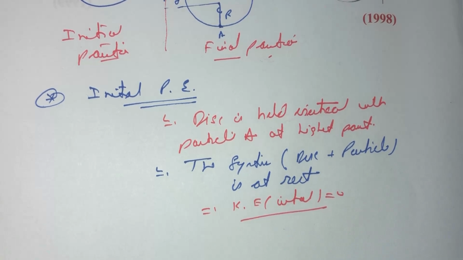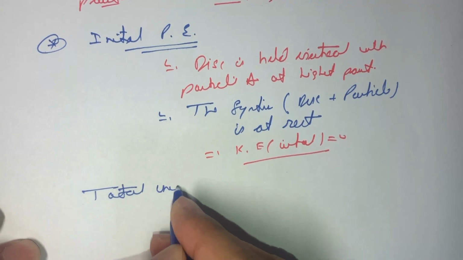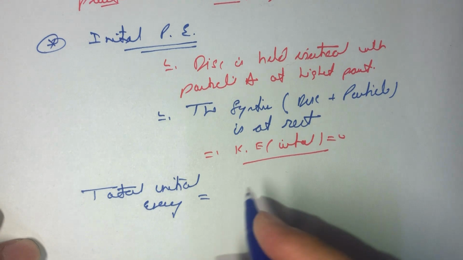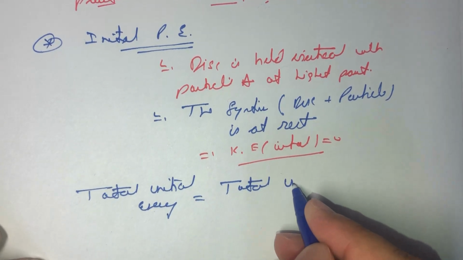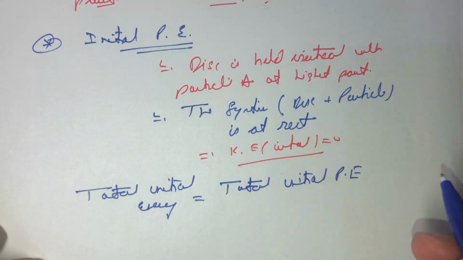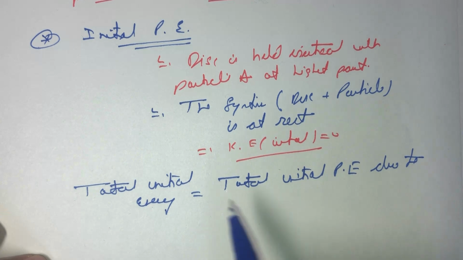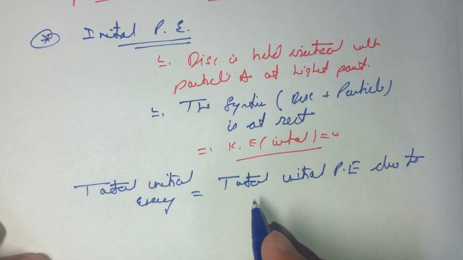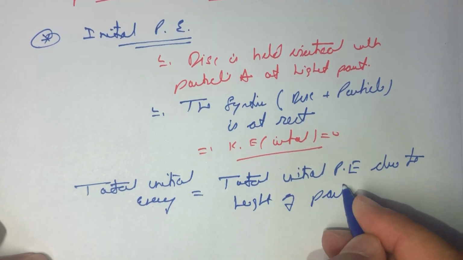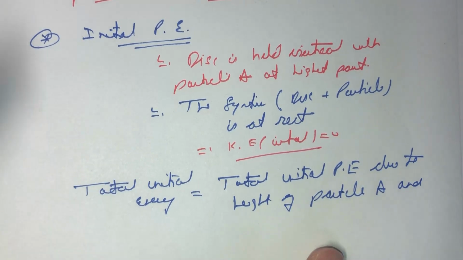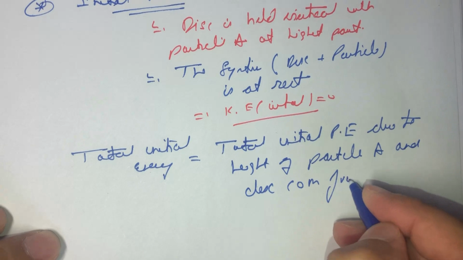So therefore the total initial energy will be total initial potential energy due to height of the particle A and the disk center of mass from PQ.